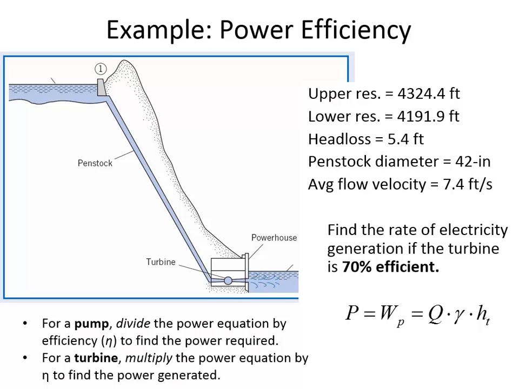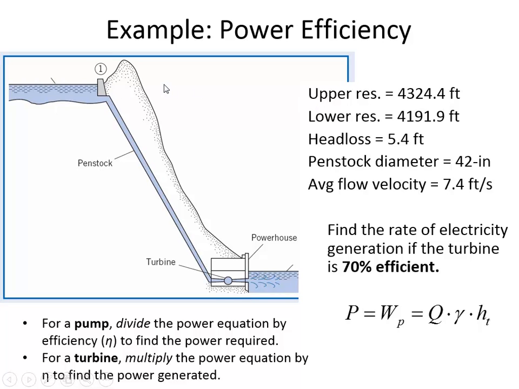And that's the case here. Illustrated here is a turbine, and we are given in this example an upper reservoir elevation and that would be like the elevation above sea level, lower reservoir elevation.